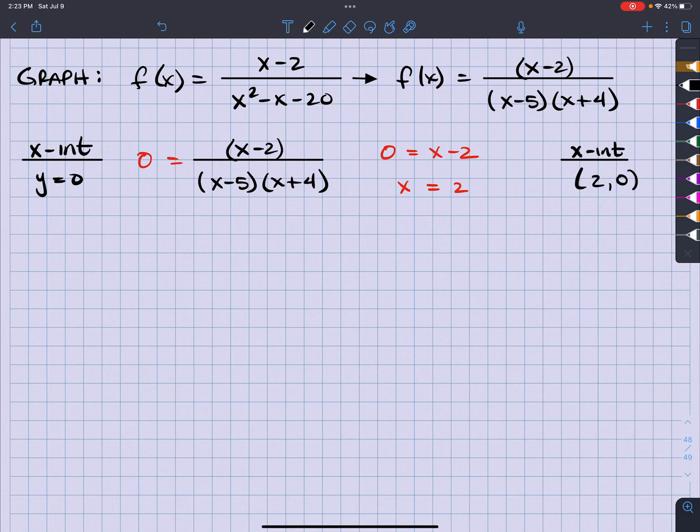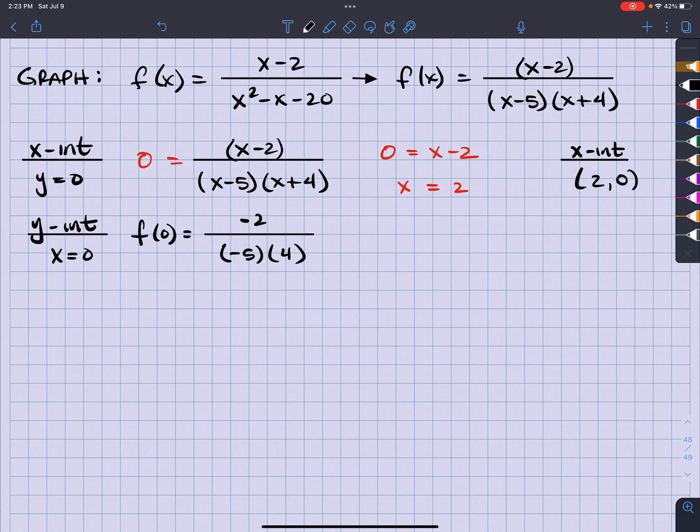Next, my y-intercept. Well, what do I know about that? X is equal to 0. So let's go ahead and plug in 0 for everything. So f of 0 is equal to, if I plug the 0 in the top, it's going to give me a negative 2. 0 on the bottom, I'm going to have a negative 5 times a 4.